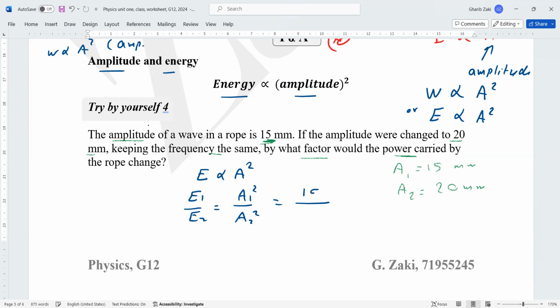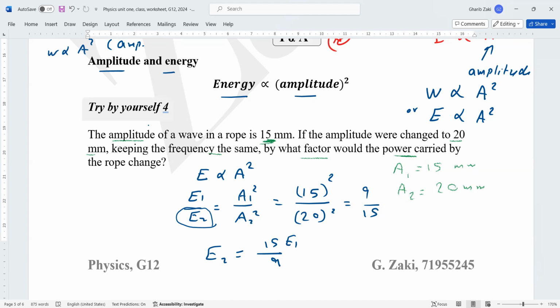A1 is 15 millimeter. Both are the same unit, so keep it 15 squared over 20 squared. When you simplify this, it becomes 9 over 15. Then the energy E2, when we do cross multiply, is 15 E1 over 9.